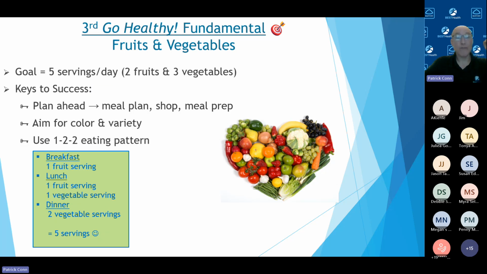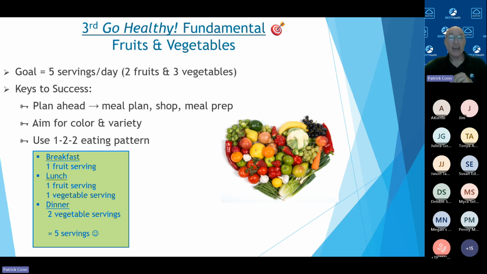Now, with fruits and vegetables, our general goal for the program is to consume at least 5 servings per day. If you want to break that out, in general, it would be 2 fruits and 3 vegetables. The key to success to reach this 5 a day goal is number one, to plan ahead.